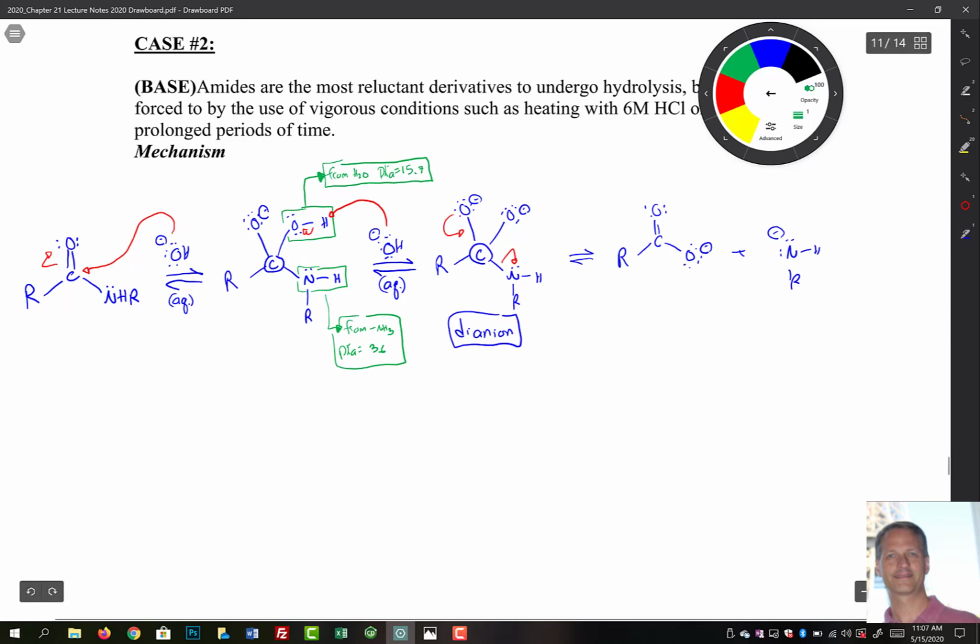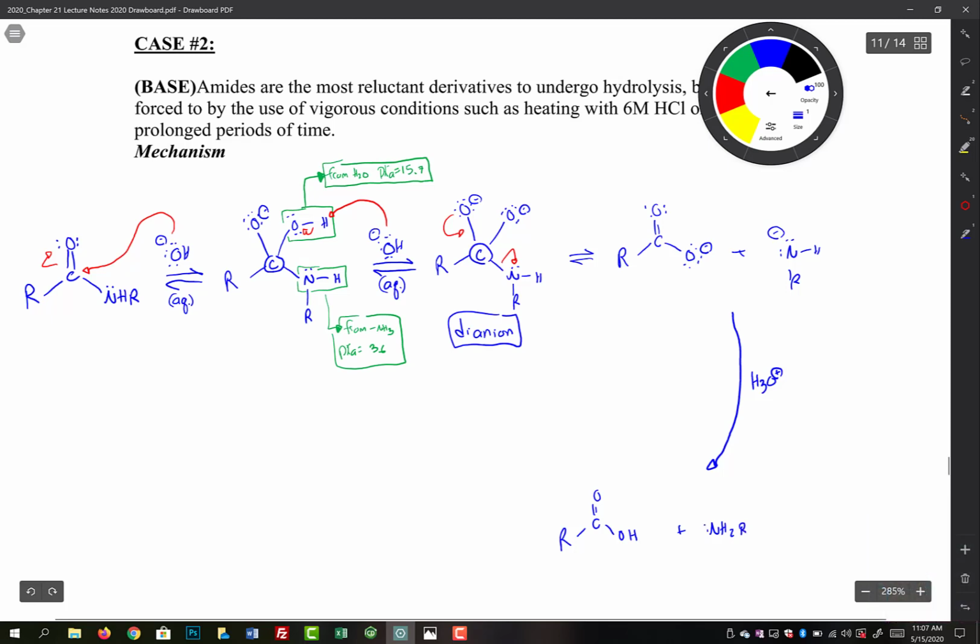In the end, regardless of which mechanism you want to use here, whether it's your book's or this one, which is from March's Advanced OChem, if you look at the next step here we just do an acid workup. In the end, we really get the same products. So that's going to give us a carboxylic acid plus NH2R. So the products are going to be the same here after you've done your acid workup.